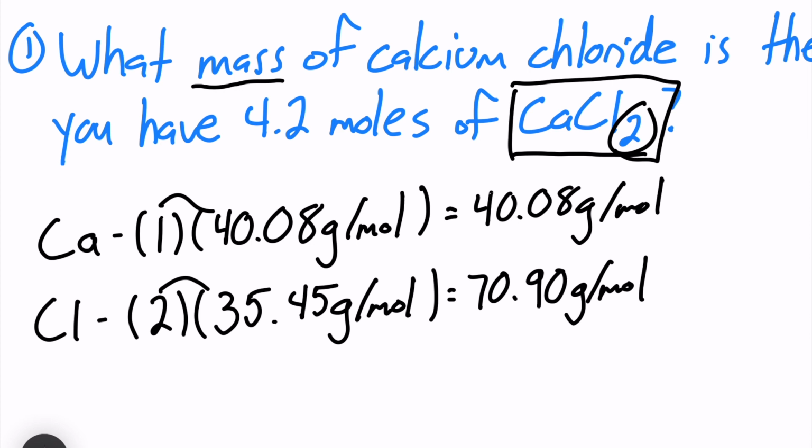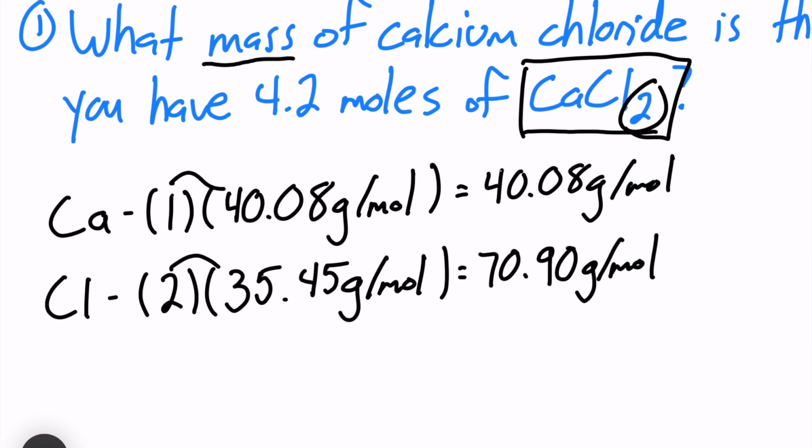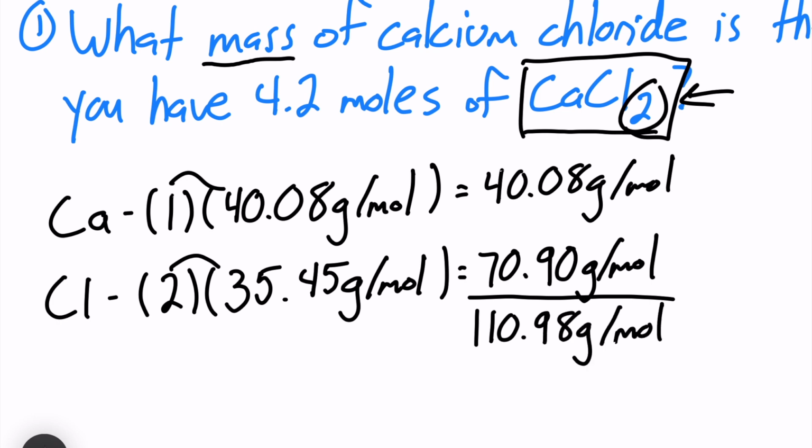70.90 grams per mole. And what we can do with those is we can add them up to figure out the molar mass of our CaCl2 compound. Okay, so if you do add them up, you should get a molar mass of 110.98 grams per mole. So what that means, for every 1 mole of CaCl2, there is 110.98 grams of it.